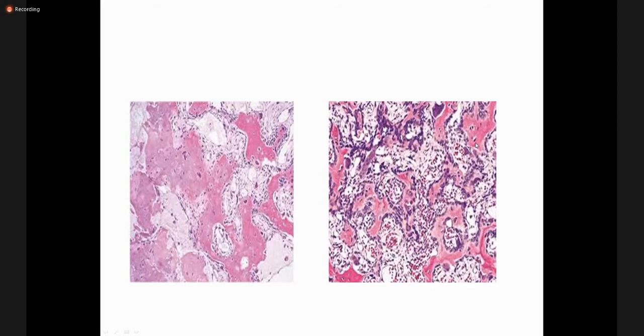The cells present in the bone are the osteocytes, which are the mature osteoblasts. Again, you can see here the osteocytes, which are present inside the bone trabeculae.